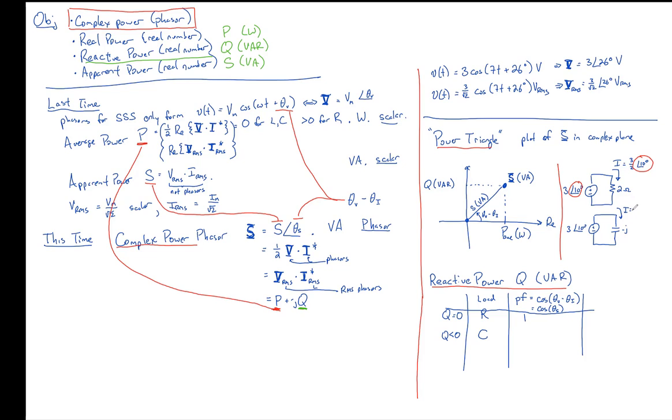Stone, what is our current going to be? Wouldn't it just be divided by the impedance? It's equal to V over Z, which is equal to 3 angle 10 over negative J. What is negative J written in polar form? 1 at negative 90.